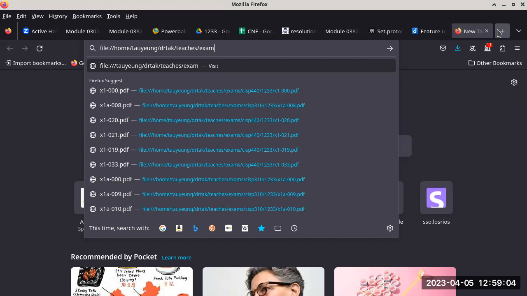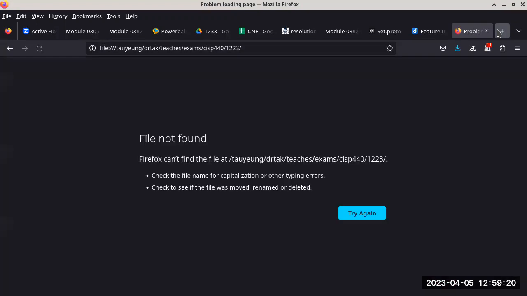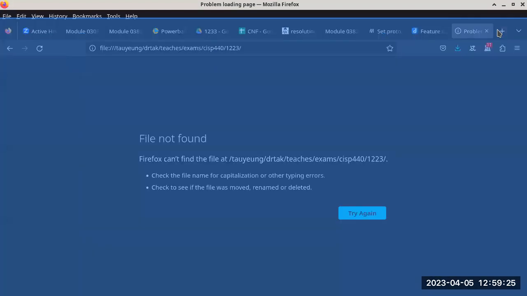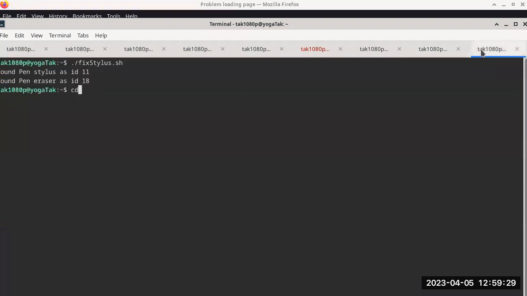So let me go back to CISP440, and this is going to be the one semester before fall. So this is spring 2022. It's not showing up like this. All right, so I have to go look for the files. Give me a second here.